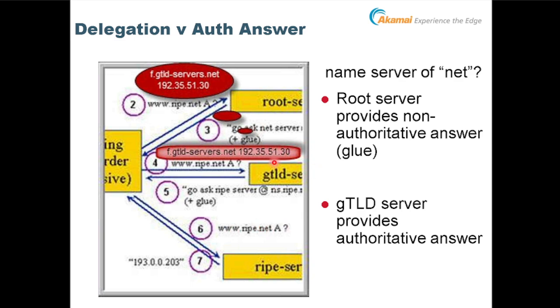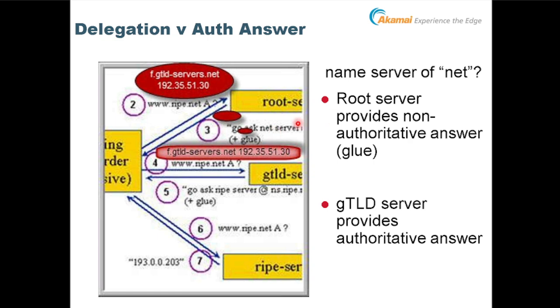This picture is just another way to think about what the delegation cache is. Remember the yellow boxes here, and we'll stop pretty soon. I know it's 4 o'clock. The delegation from the root servers: when we initially asked for www.ripe.net, the root server said, I don't know what www.ripe.net is.